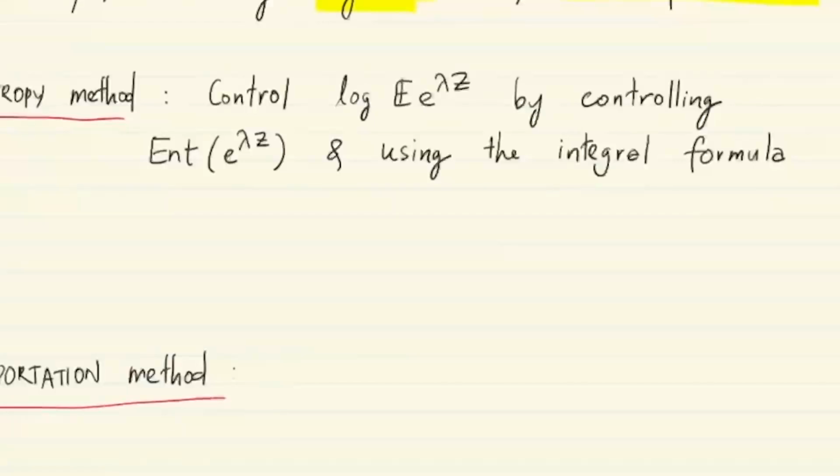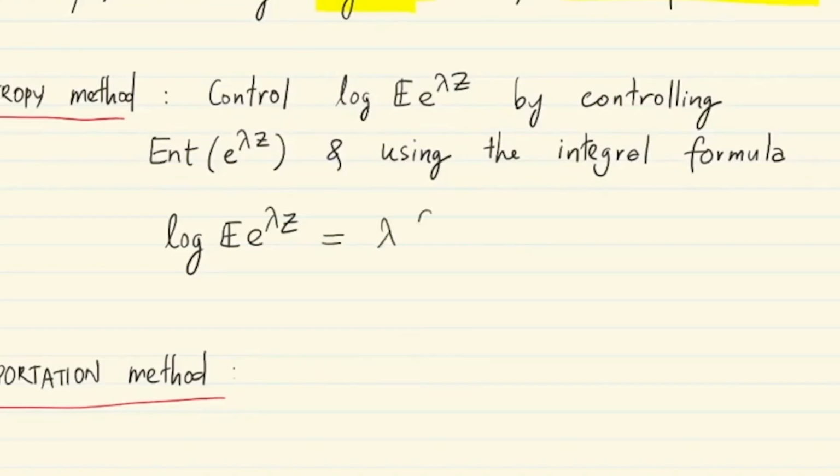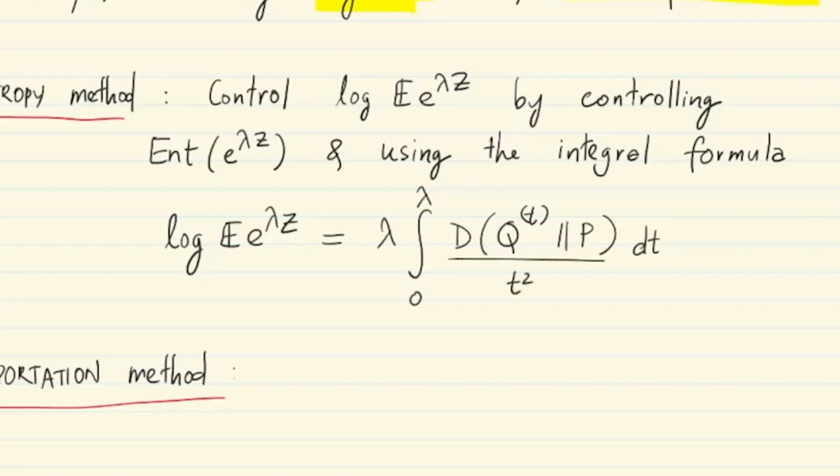It is the integral from 0 to lambda of the relative entropy or KL divergence between two measures q subscript t and the original measure p of z, divided by t squared, dt.